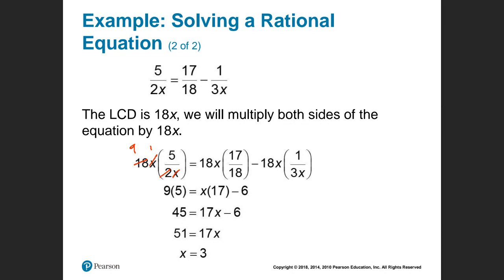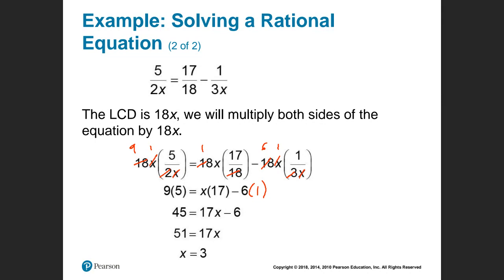Now the next one: 18 divided by 18 is 1, so 1 times x is x, times 17. Now the next one: 18 divided by 3 is 6, x divided by x is 1, so 6 times 1 is 6, then 1. Okay, so now we solve.